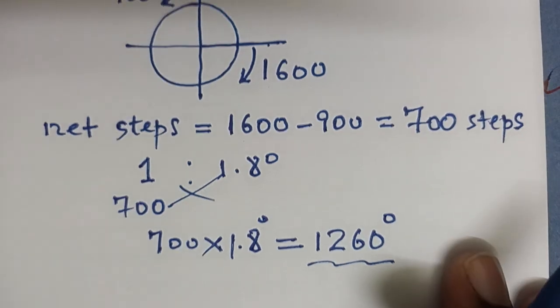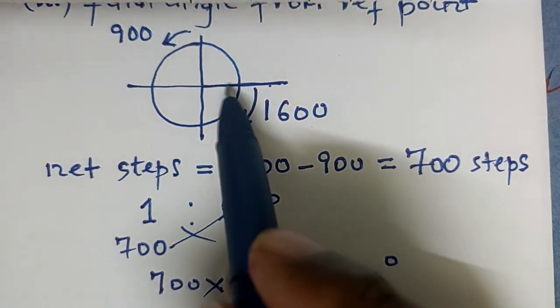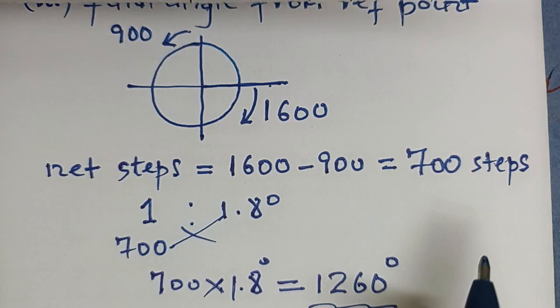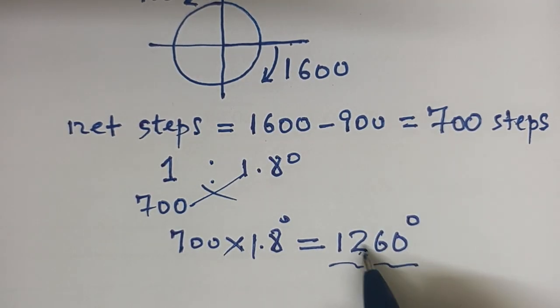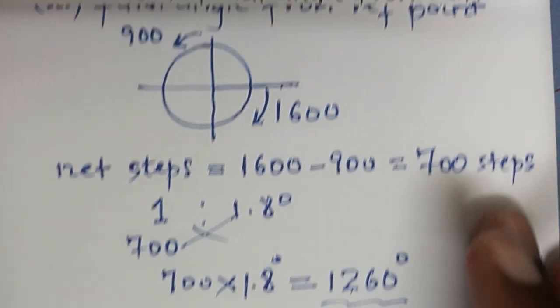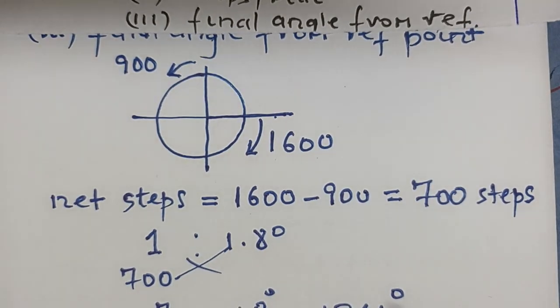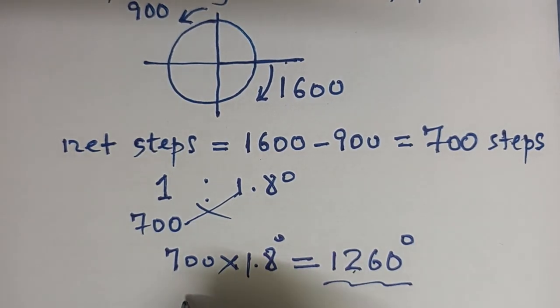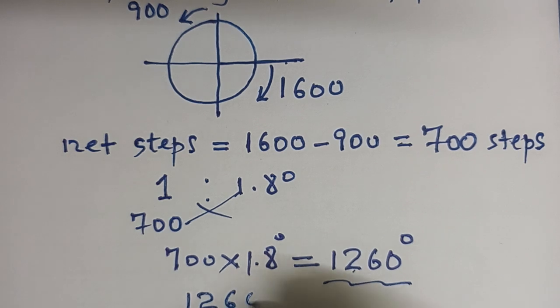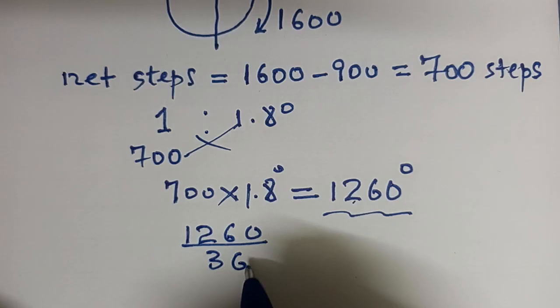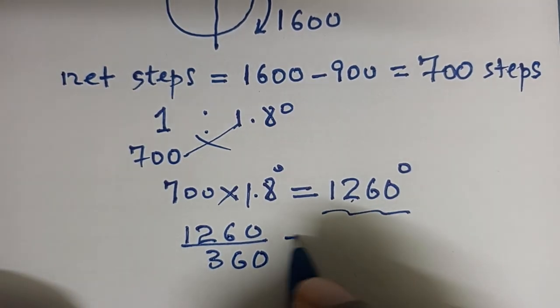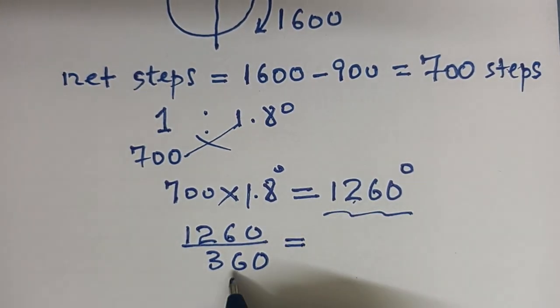And now we come back again to this. Remember, if we go round once, we go 360. So we can even find out how many 360s are here and what is the remainder, because the remainder is now going to be our final angle from the reference point. So we divide 1260 over 360, and we shall indeed go round 3 times.